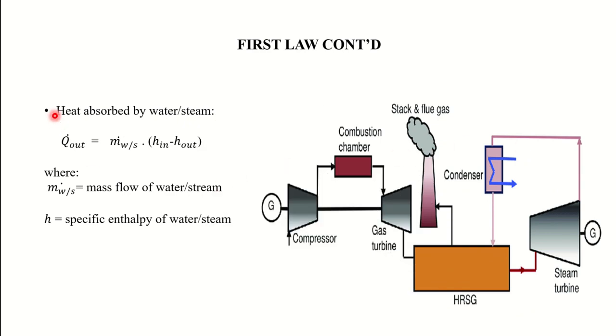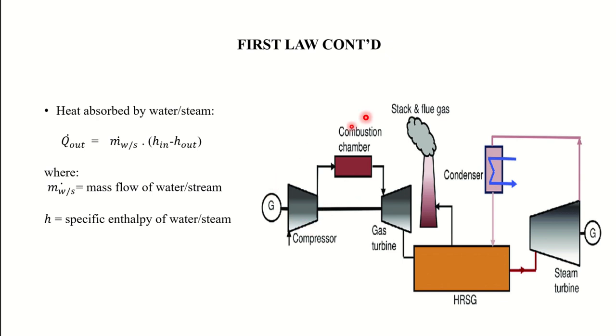Heat absorbed by the water or steam, Q out, equals m_ws times (h in minus h out), where m_ws represents the mass flow of the water or steam, and h represents the specific enthalpy of the water or steam.